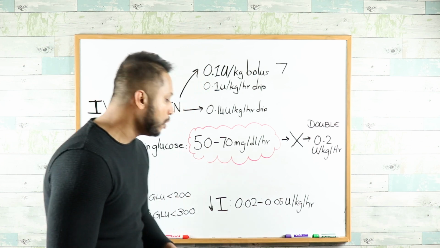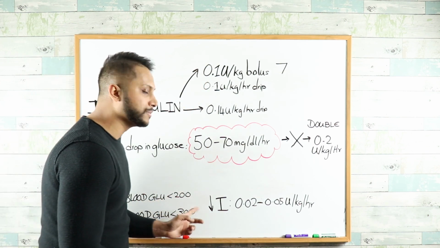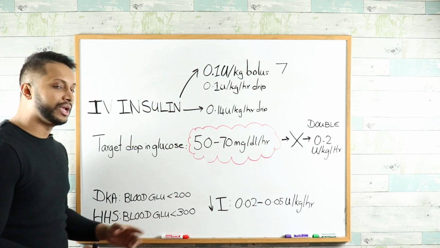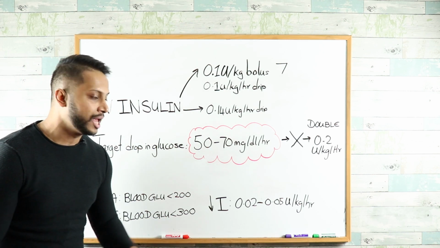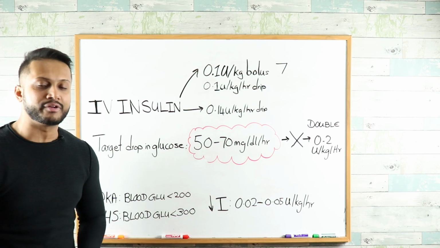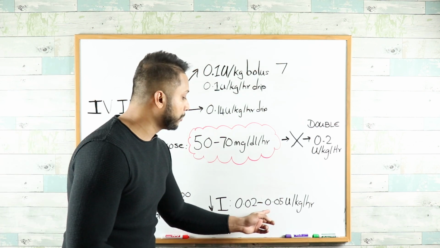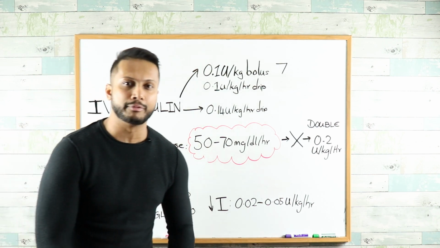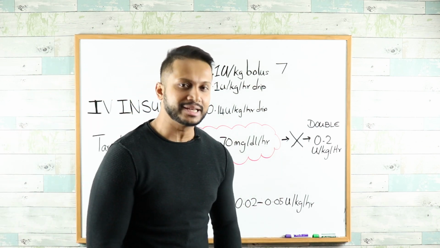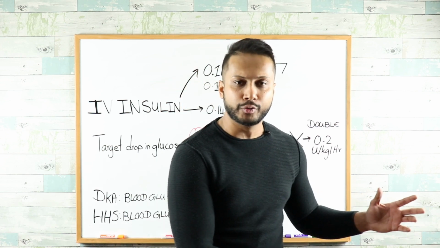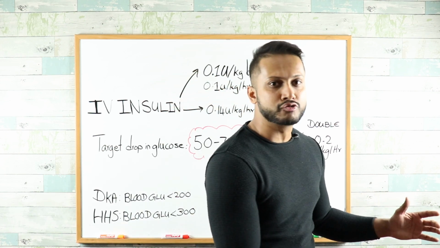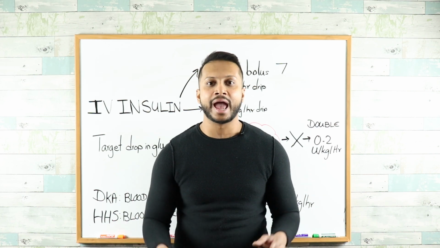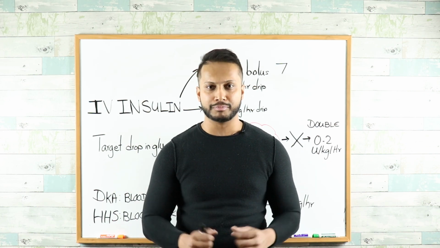The moment the blood glucose level drops below 200 in a DKA patient, or a little below 300 in an HHS patient, I will drop my insulin rate to 0.02 to 0.05 units per kilogram of body weight per hour. I will continue my IV fluids and my insulin drip until I reach my desired endpoint, at which I will bridge my patient.